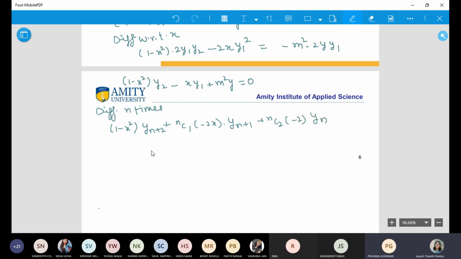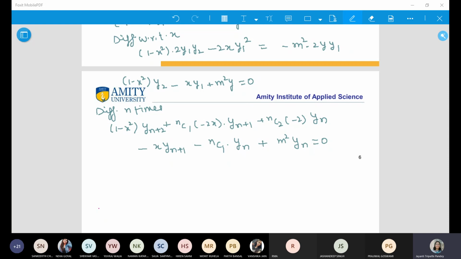This is first term. This is second term. This is third term. Now collect the similar terms and you will be able to get the answer. Please collect the similar terms.